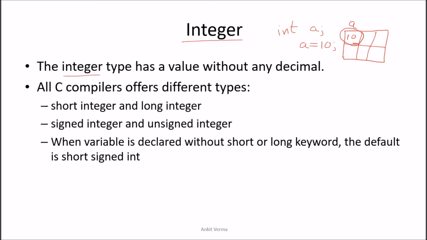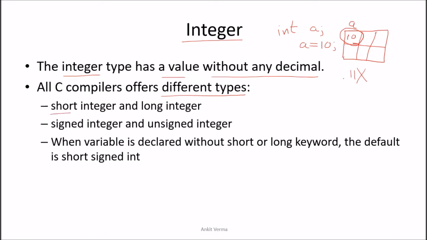The integer type has a value without any decimal. So there are no decimal or floating type values. Only the normal values are there, 1, 2, 3. But decimal is not there. All C compilers offer different types, which means whatever the types are, that will depend upon the C compiler.